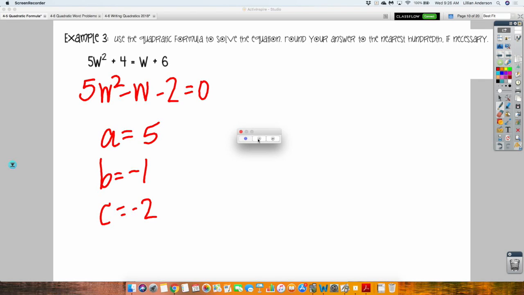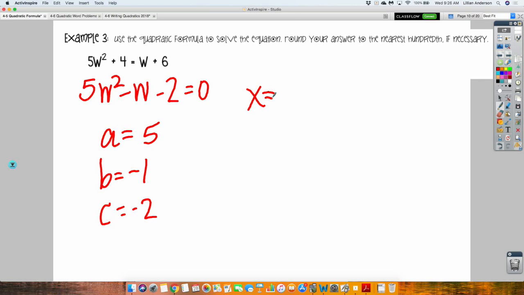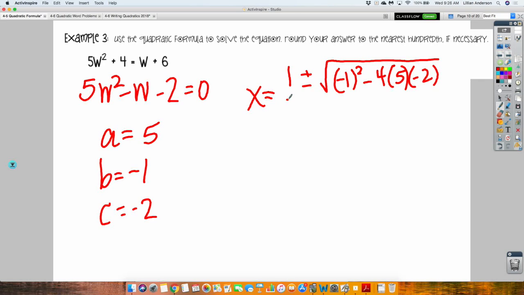All right, so plugging it in, x equals what? Not the final answer, but like when I plug things in, what is it? 1 plus or minus square root of b squared minus 4ac all over 2a.